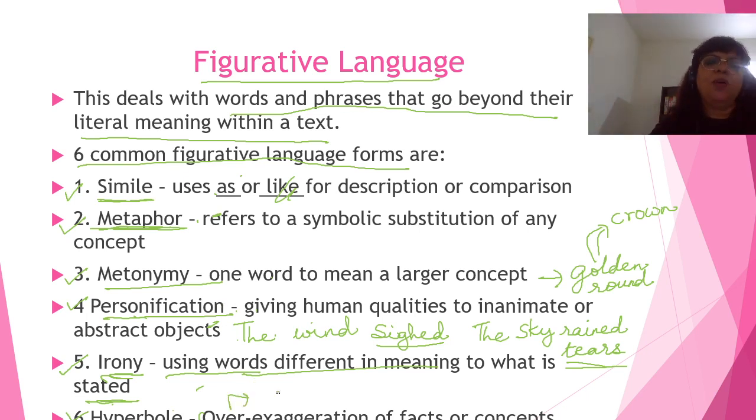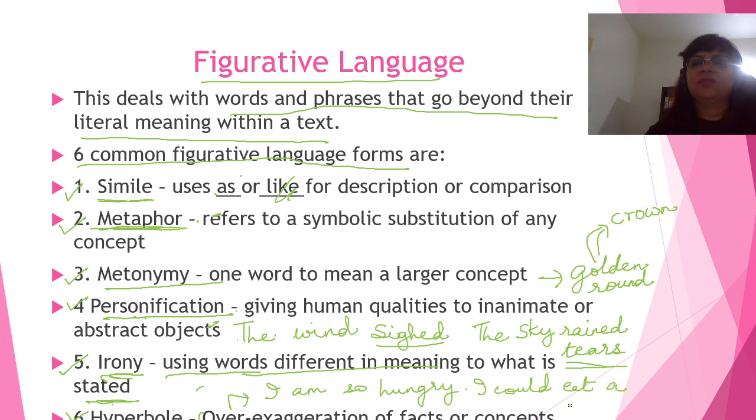If you say, oh, I'm so hungry I could eat a horse, this really doesn't mean that you can actually go eat a horse, and horses have to look out because they'll become an extinct species. It just means you are so very hungry, and this is an exaggeration of the fact that you are hungry.